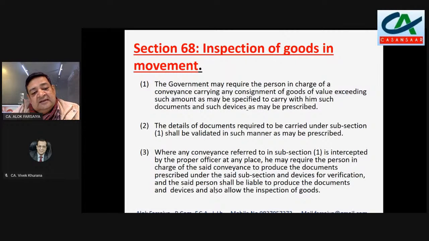Especially these things come into the picture when there is a transaction for the bill to ship to model. Bill to ship to model is where the seller is at one place, the purchaser is at one place, and the purchaser says deliver the goods at a third place.